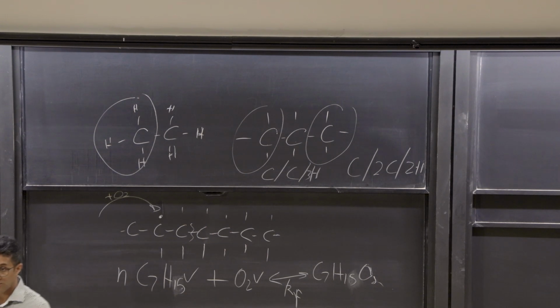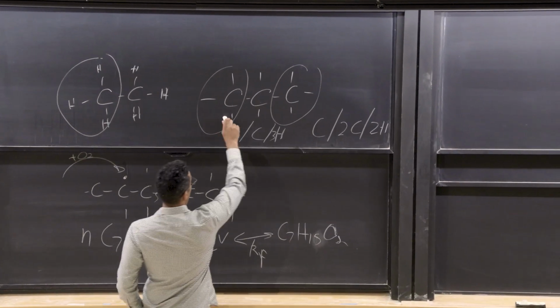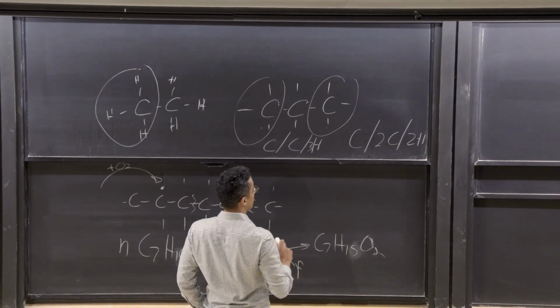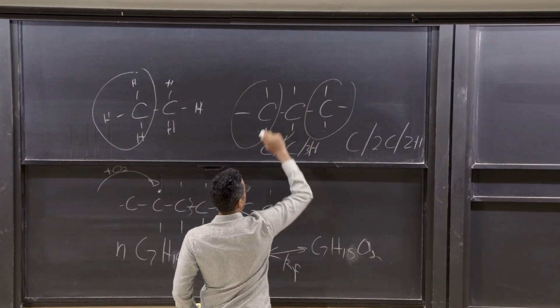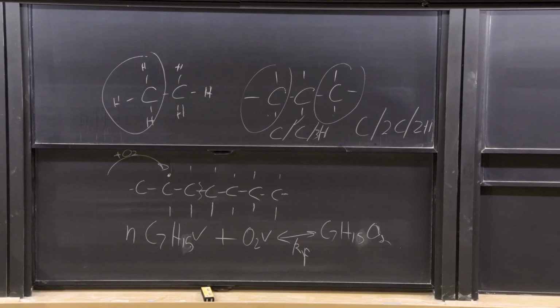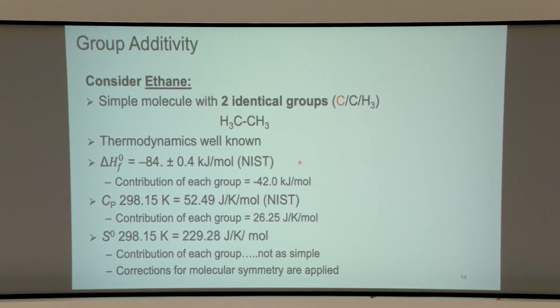So again, you simply measure the heat of formation of propane. Because the CH3 groups are already known from ethane, they're already given at 42. Then the only unknown group to get to the total is the middle group, and then he assigns some value for the middle group. So it's a very linear addition of groups in the molecule.